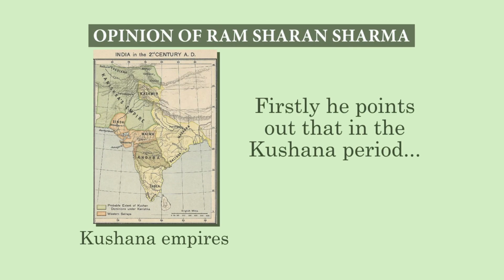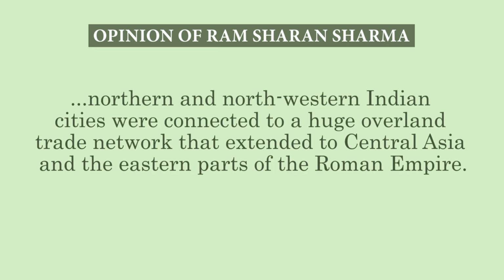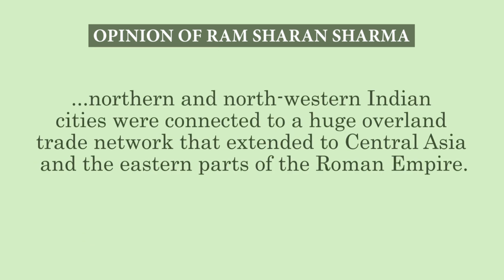Now, while talking about long distance trade and urbanization, he has made some important points. Firstly, he points out that in the Kushan period, northern and northwestern Indian cities were connected to a huge overland trade network that extended to Central Asia and the eastern parts of the Roman Empire.